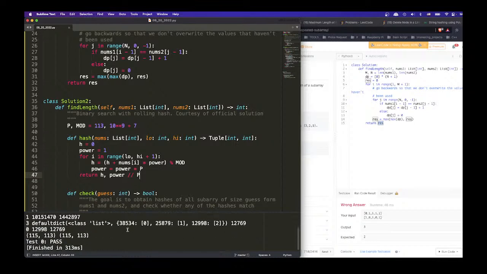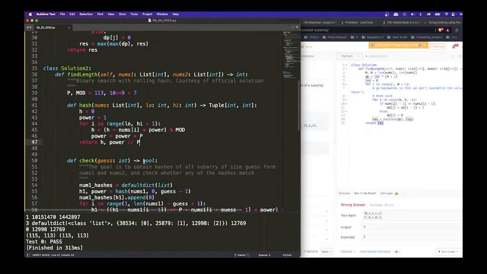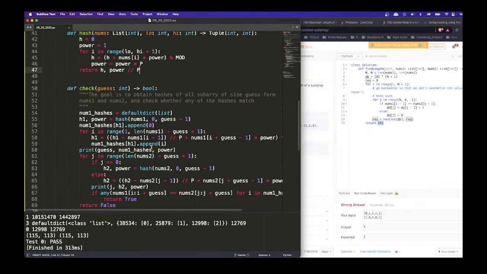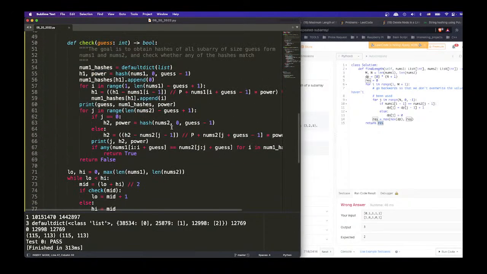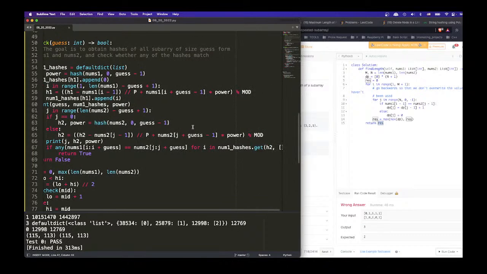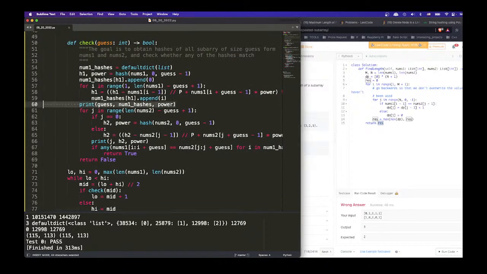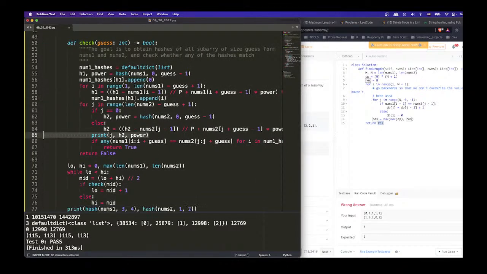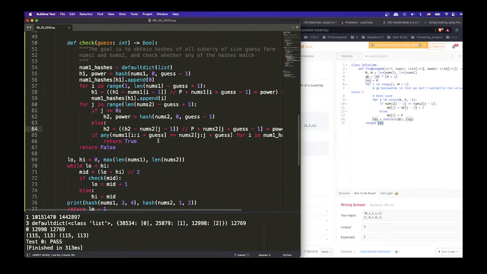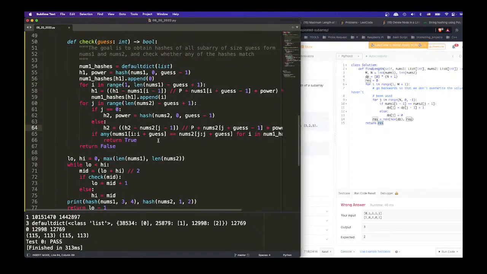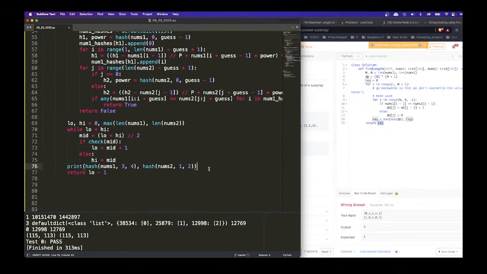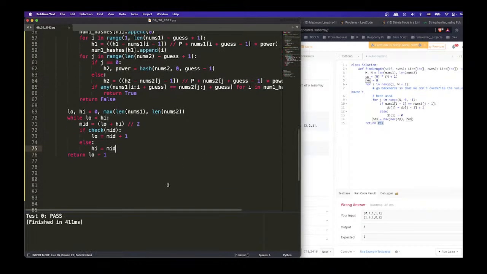It should be divided by P. Let me remove this. Remove this. And remove this. Okay.